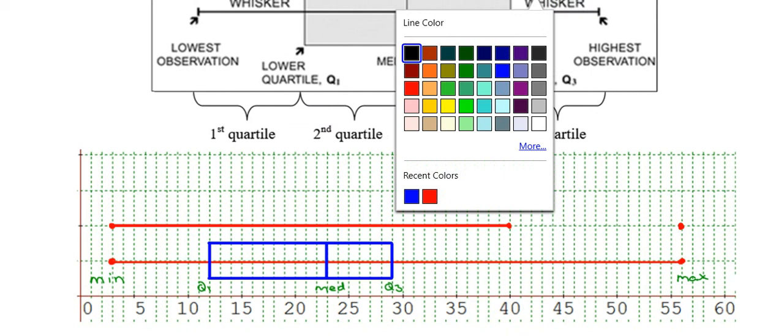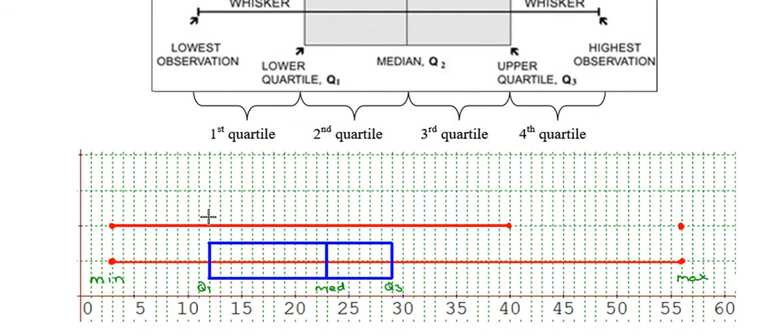And then once again, you would draw your lines for your Q1, your median, and your Q3, and it doesn't matter how big those lines are, and then you put the box around it. So that is your modified box and whisker plot.